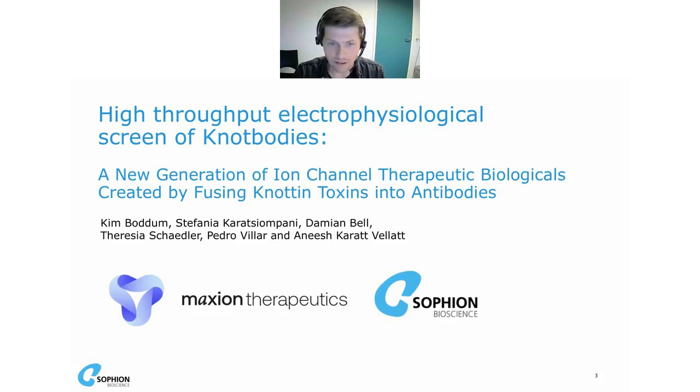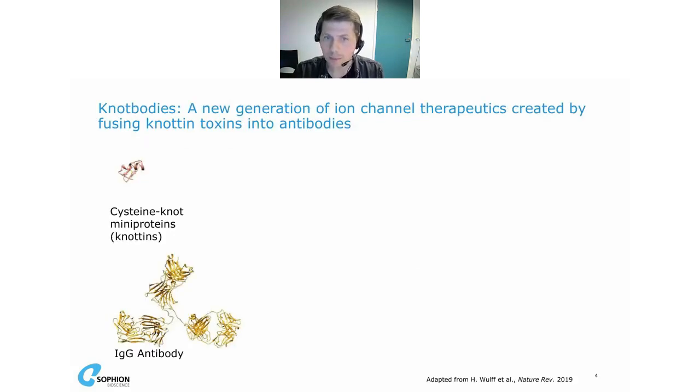But why notbodies? Because when developing ion channel drugs, it's a struggle to achieve potency and specificity, especially with small molecule drugs. And you can get help if you look into nature's toolbox. Here you find animal venoms. They contain toxins, which can modulate ion channels, like the pink toxin I show here on the slide. And millions of years of evolution have made them potent, but often they lack specificity.